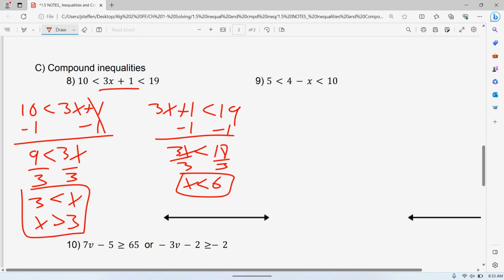If you ever don't see the word, it's an and problem. So if you ever have one like this where it's all crunched together, with 2 inequalities, that's always going to be an and problem. If you're ever not sure, an and problem is the one where they can put the word and or they don't have to. But an or problem will always say or. So if it doesn't say or, it's going to be and.